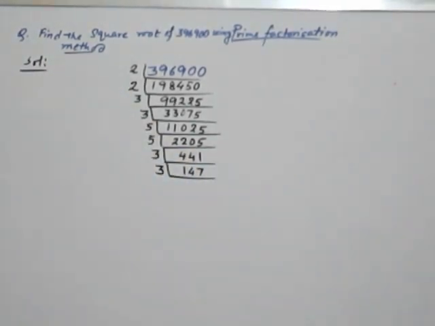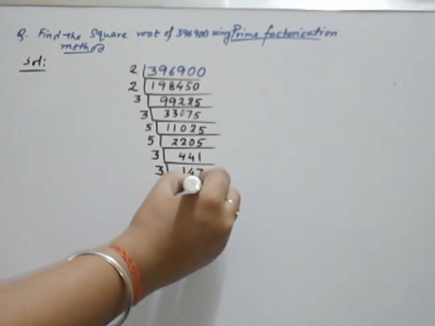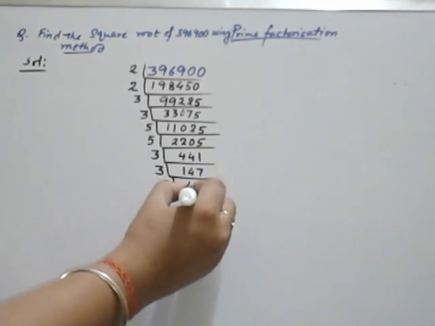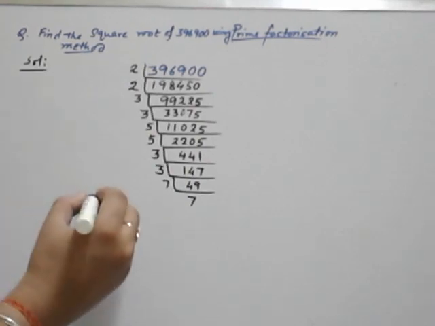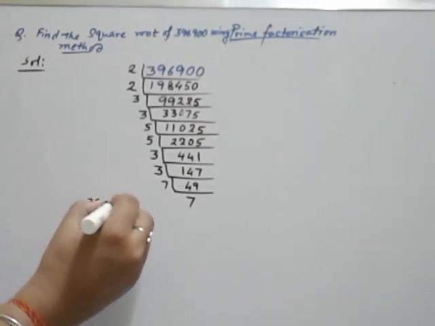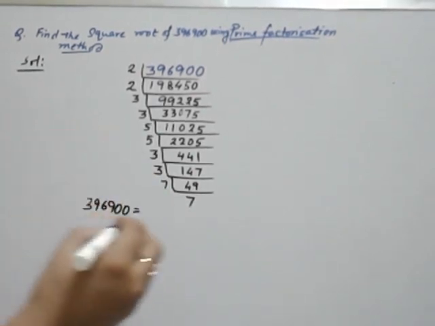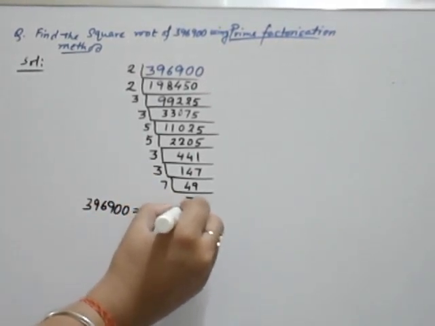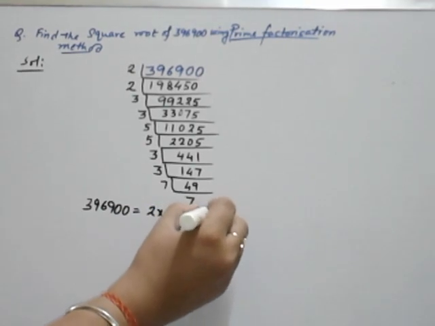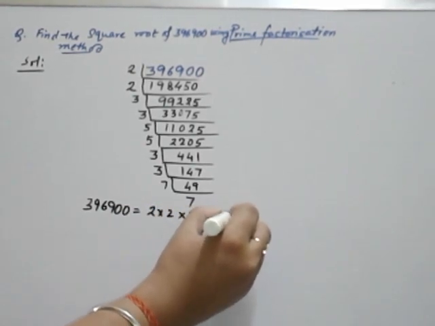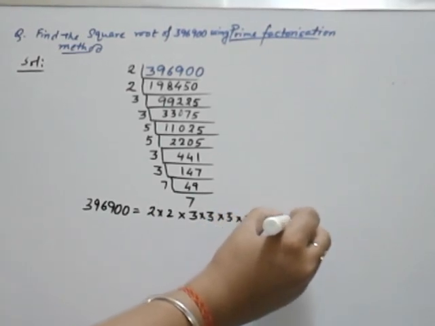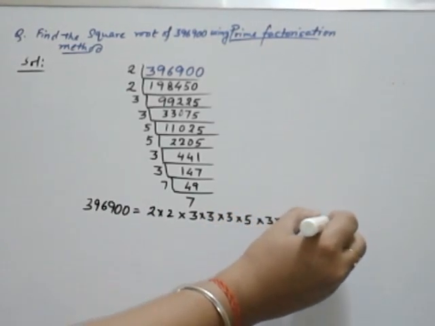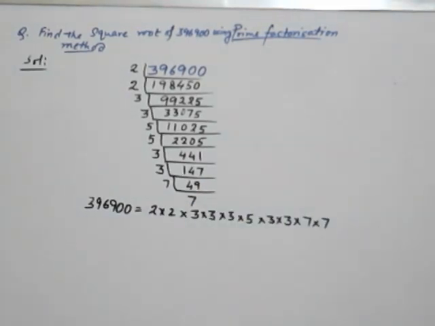Again divide by 3. So the prime factorization of 396900 is as shown. Now our first step is over.